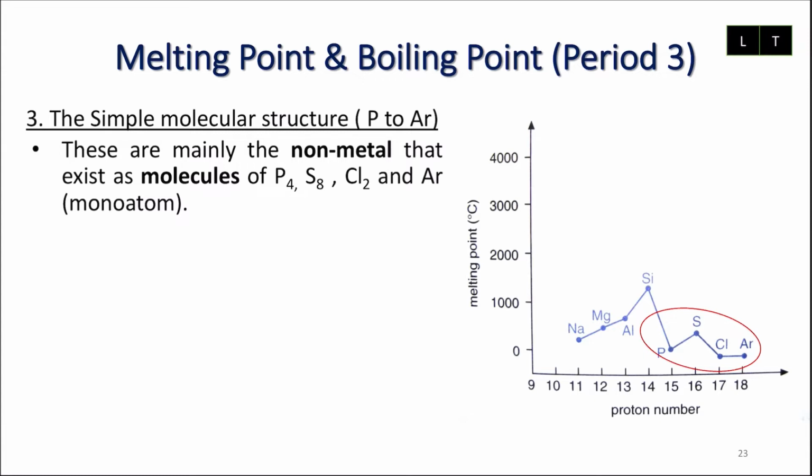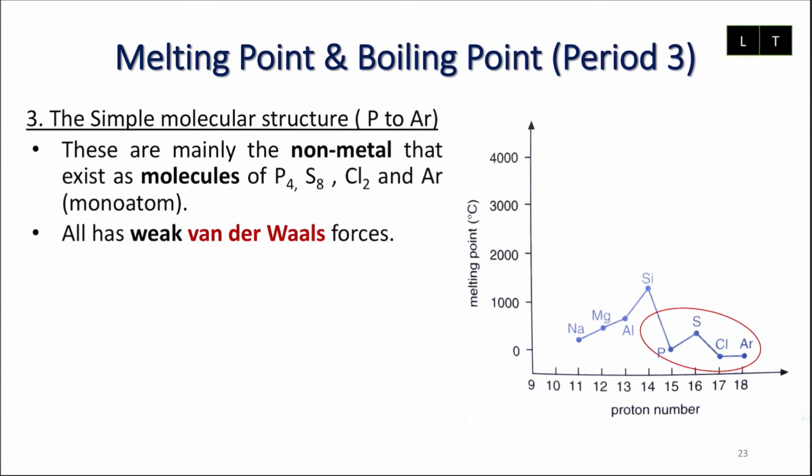So simple formula for phosphorus, it will exist as P4 molecule, sulfur as S8 molecule, chlorine as diatomic molecule Cl2 dan argon kerana dia sudah stable from group 18, it will exist as monoatom Ar. So all these non-metals have weak van der Waals forces.